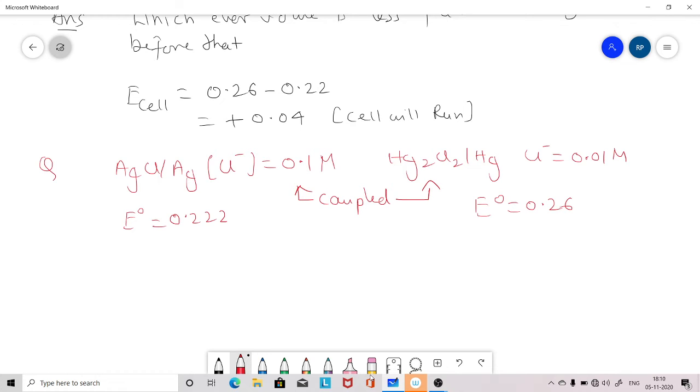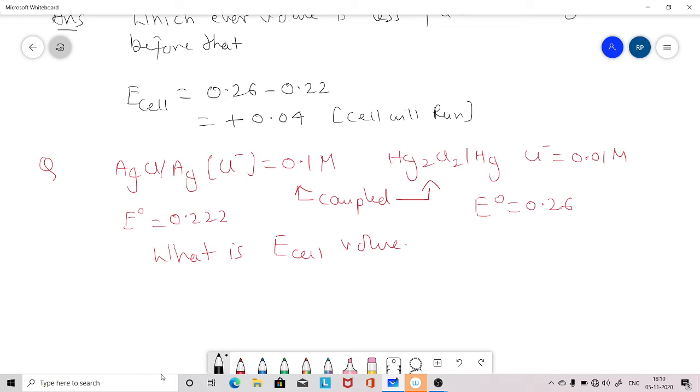So this is your E naught value. Now how to find this? Since they are coupled, the question is, what is the E cell value?